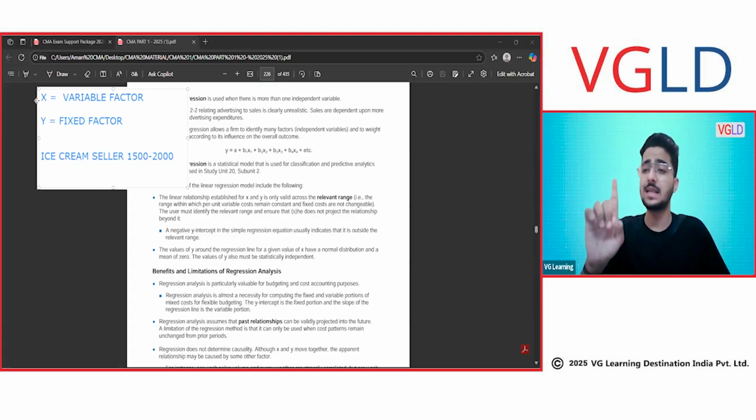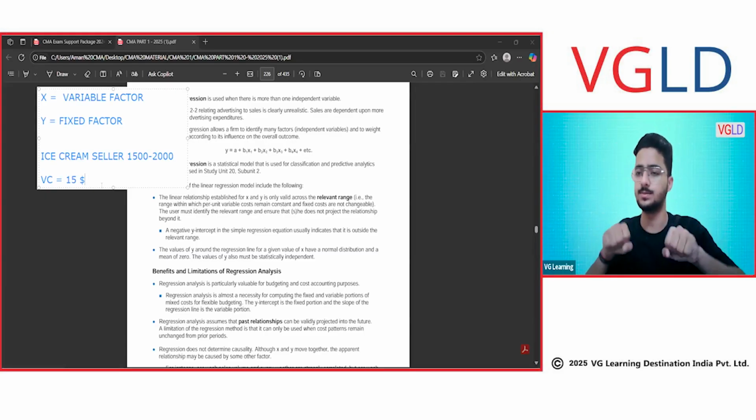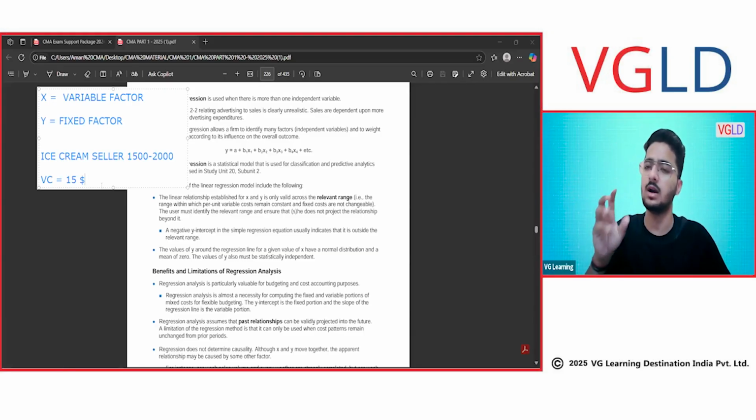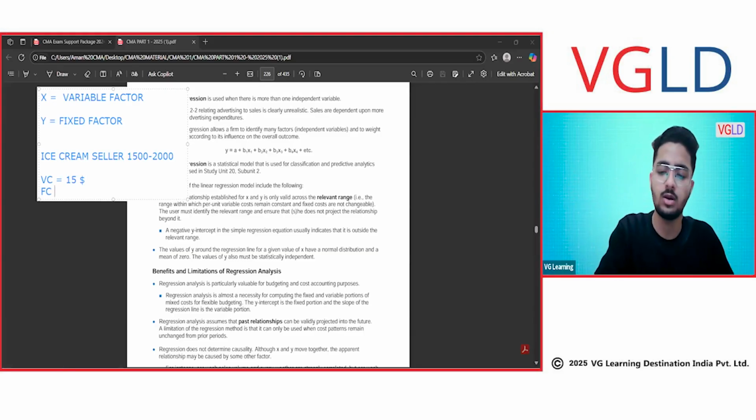Per ice cream costs me $15. So it's my variable cost. Variable cost means the one that changes with the sales. If I buy 10 ice creams, I pay 150. If I buy 20 ice creams, I pay 300. So that is my per unit cost. And for all these things, I pay certain fixed charges for my cart. For my ice cream cart, I pay a fixed cost of 10,000.